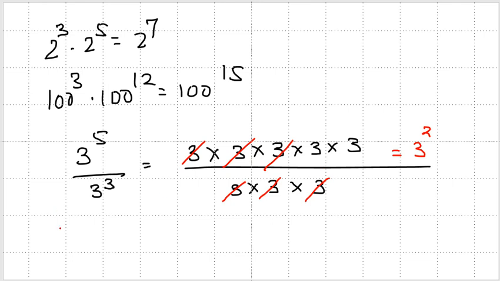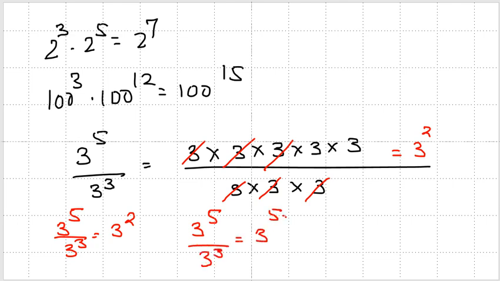And this is no magic. 3 to the power 5 divided by 3 to the power 3 is equal to 3 to the power 2. You can say 3 to the power 5 divided by 3 to the power 3 is 3 to the power 5 minus 3. The exponents get subtracted, equal 3 to the power 2.